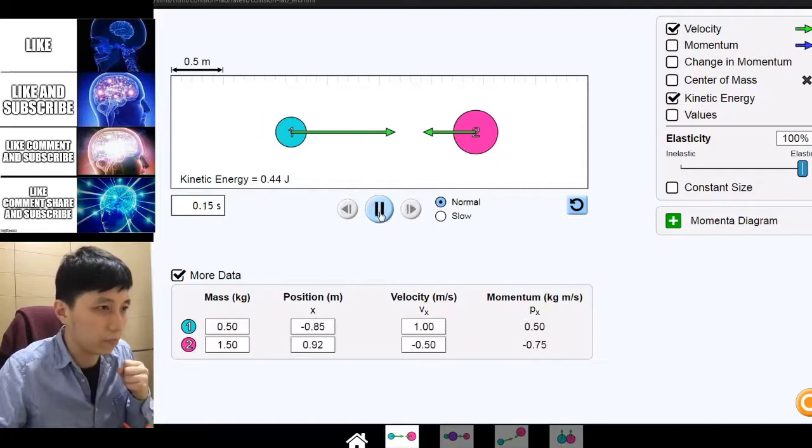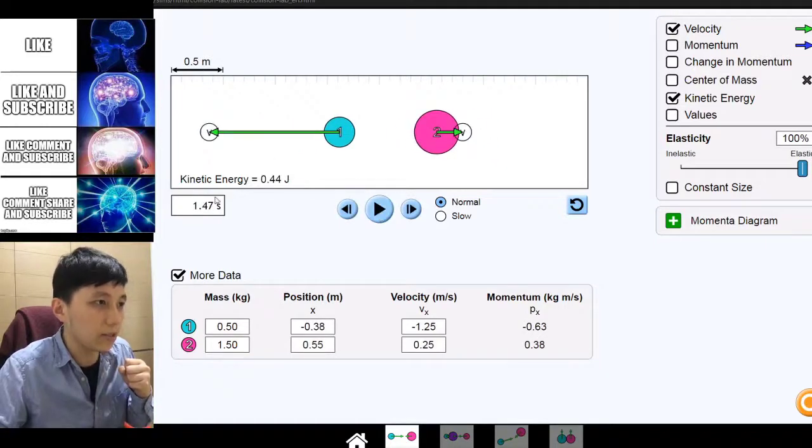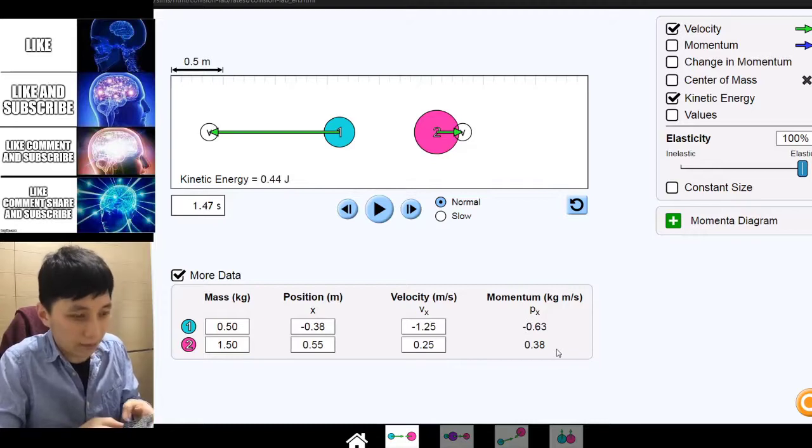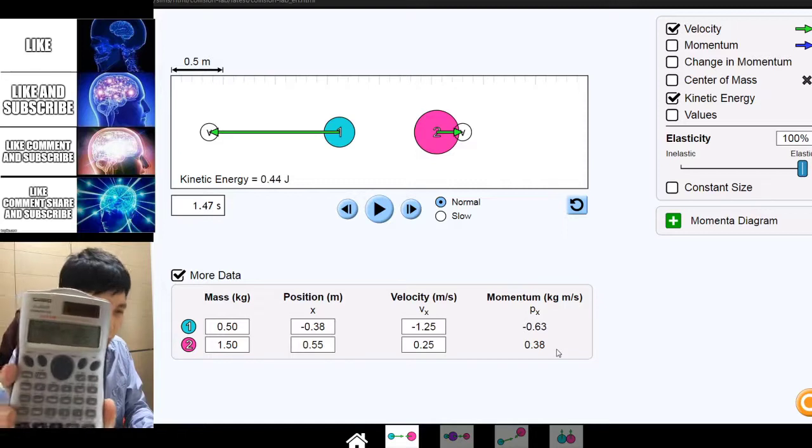So let's go. You can see KE is the same, 0.44, and momentum, if you can't really see it, you can still add them up: negative 0.63 plus 0.38 is still the same.